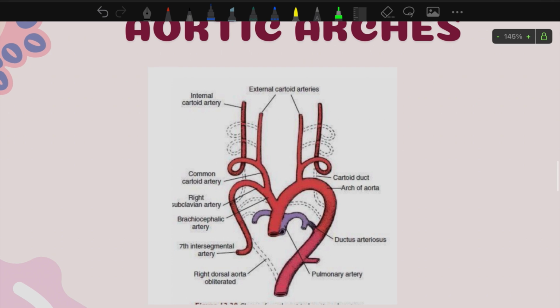As I said before, we have six aortic arches on each side. So 6 plus 6 equals 12, and we will be seeing which one will persist and which one will die. Let's start from above, with the first and the second one.